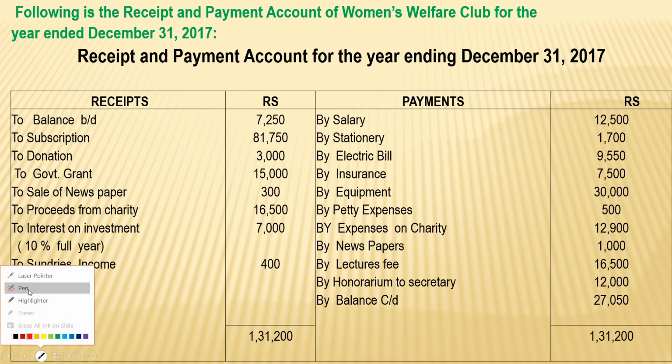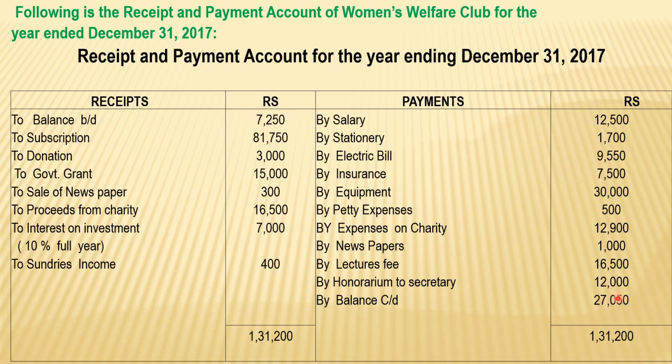Like I already told, the major accounts here are revenue nature, so all are considered on income and expenditure account except very few. Like here, this is one: to balance b/d, that is opening cash balance.